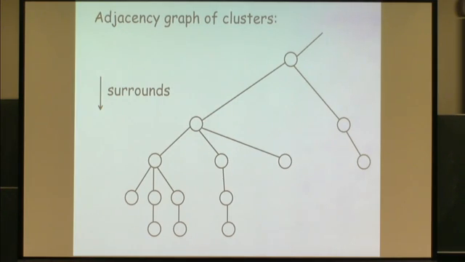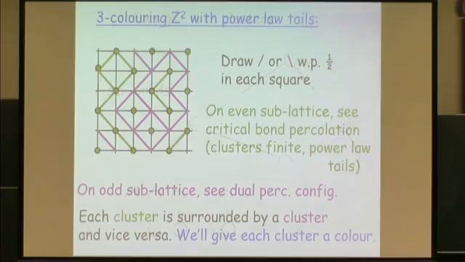Each node here represents one of the clusters in the previous picture, a green or a pink cluster. I have to be careful to treat the green clusters and the pink clusters the same as each other, because I don't want to fall into the trap at the beginning of choosing one of the two checkerboards. I'm not allowed to do that. I have to do the same everywhere. So they are primal and dual, but they have to be treated the same.